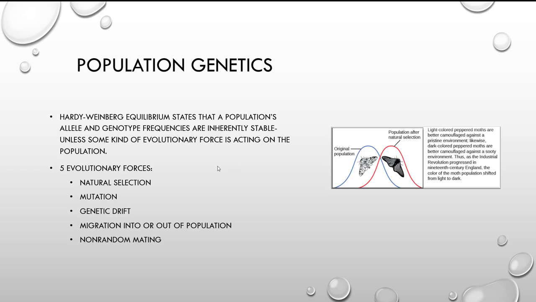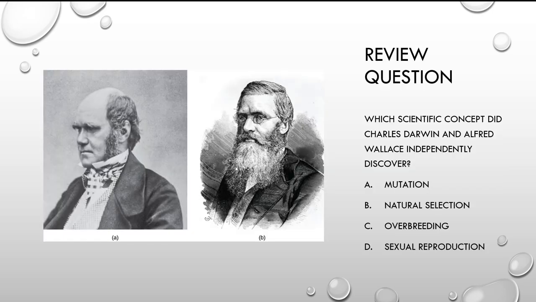All right, so we're going to do some review questions. So the first question, which scientific concept did Charles Darwin and Alfred Wallace independently discover? Was it A, mutation, B, natural selection, C, overbreeding, or D, sexual reproduction? If you chose natural selection, I would agree with you.